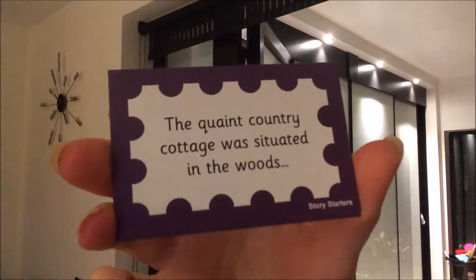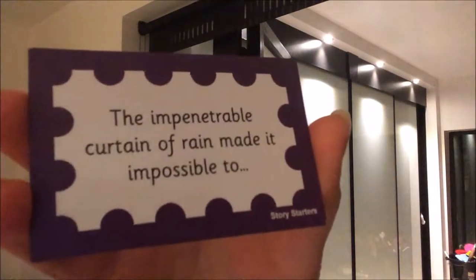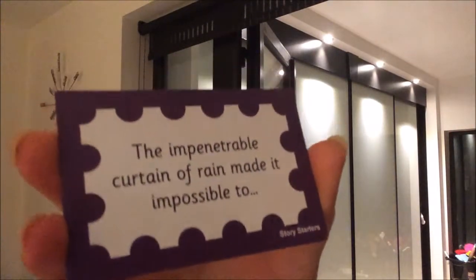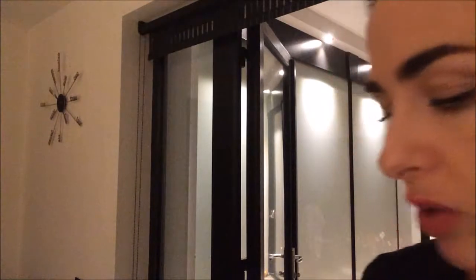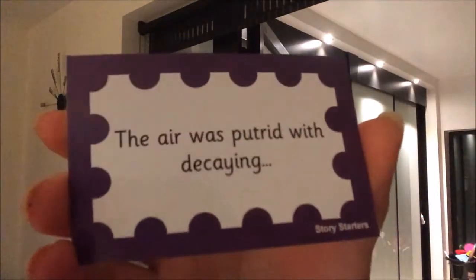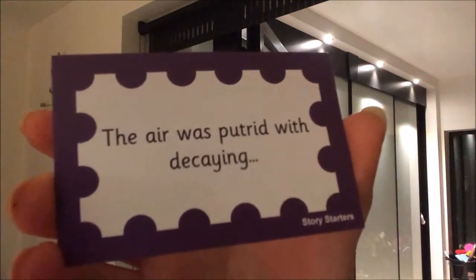The quaint country cottage was situated in the woods, quaint being one of their old words of the day. The impenetrable curtain of rain made it impossible to, with impenetrable being one of the words of the day. And another final example, the air was putrid with decaying, and of course putrid would have been one of the previous words of the day.